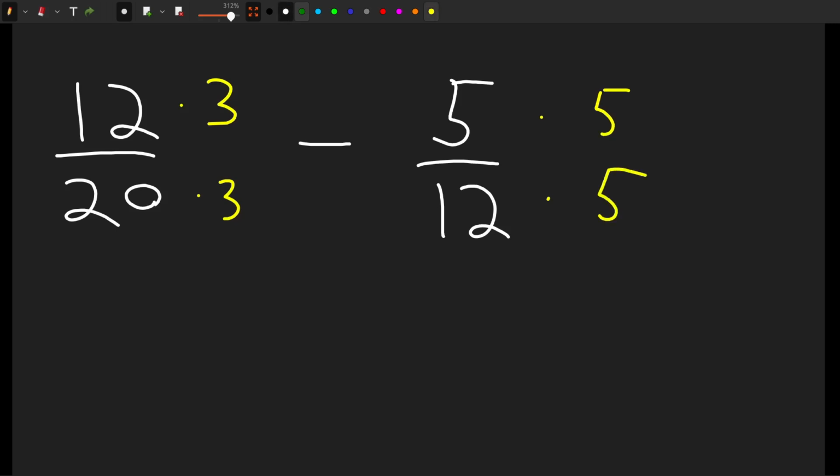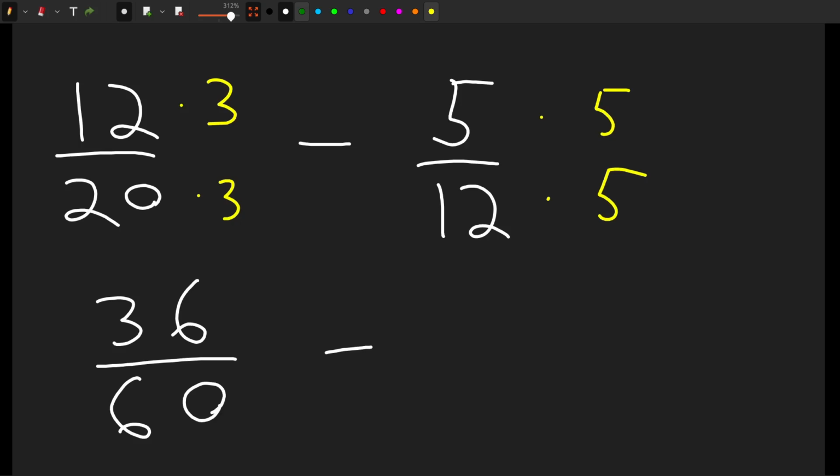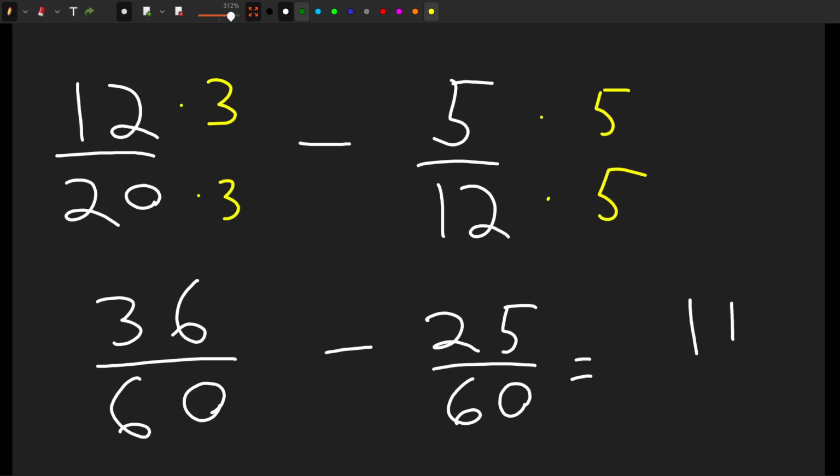And now we will be left with 36 over 60. And in our second fraction, we'll have 25 over 60. And now, since they have the same denominator, we can subtract them together. 36 minus 25 is 11. 60 remains the same. And that is our answer.